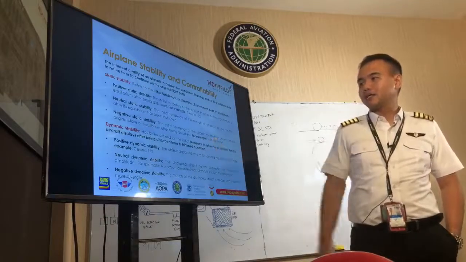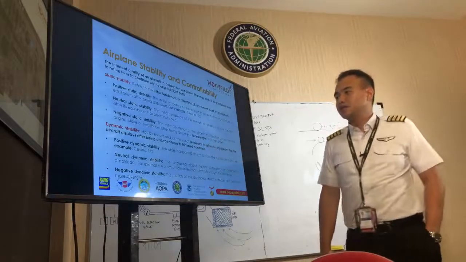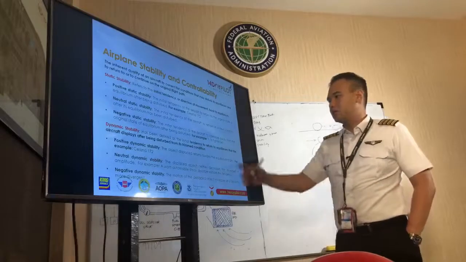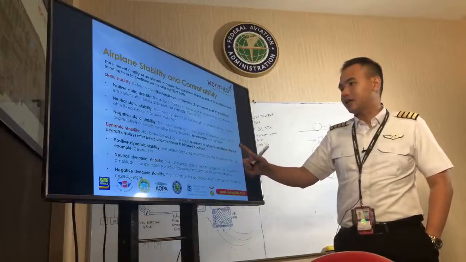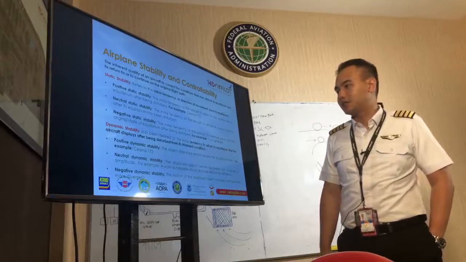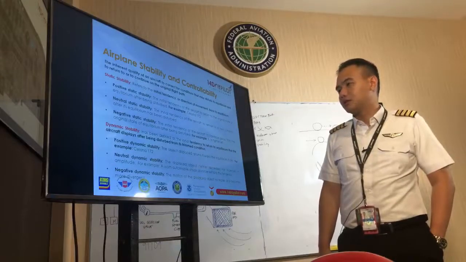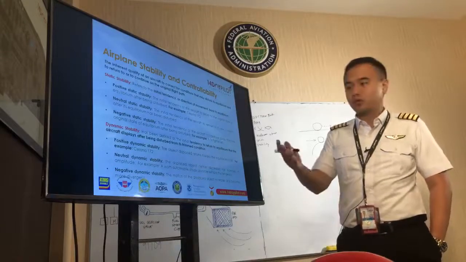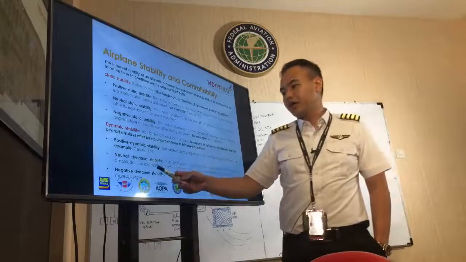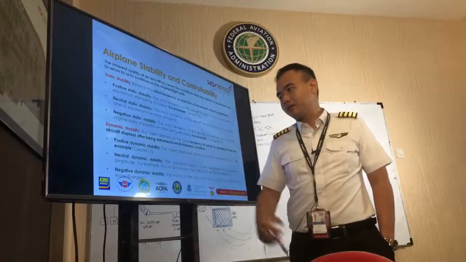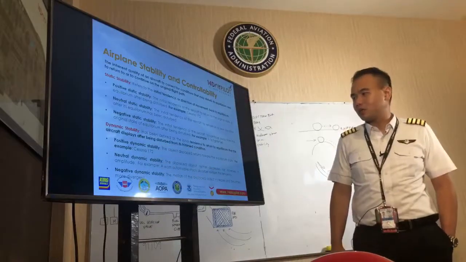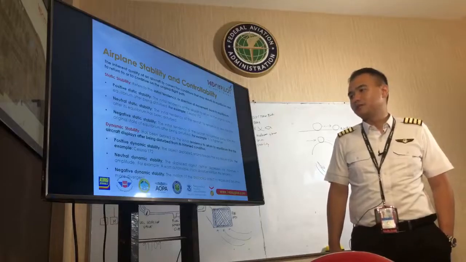The dynamic stability is the tendency to return to equilibrium that the aircraft displays after being disturbed from its trim condition. From its trim condition, it's already trimmed. So there are three items. The positive dynamic stability: the object displays return toward the equilibrium state.